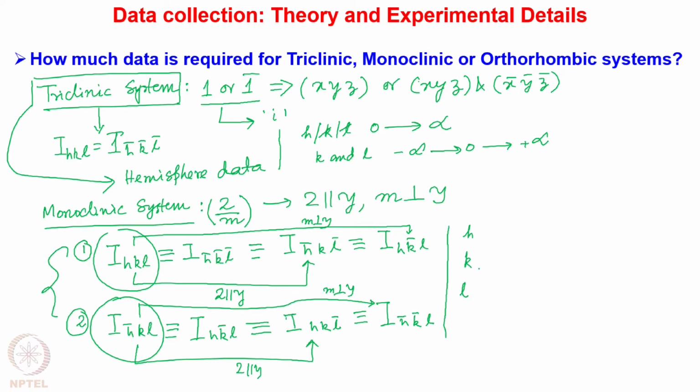Since y is the unique axis, we should collect k from 0 to plus infinity, and one of those two, either h or l, from 0 to plus infinity, and the other one from minus infinity to plus infinity.